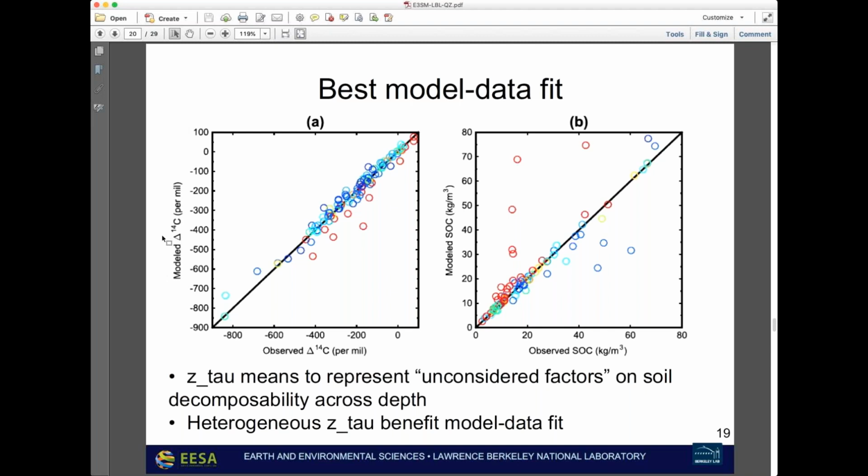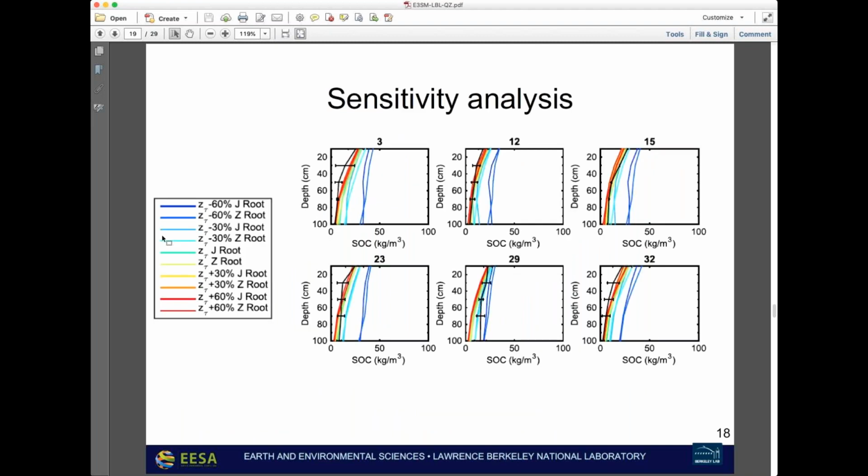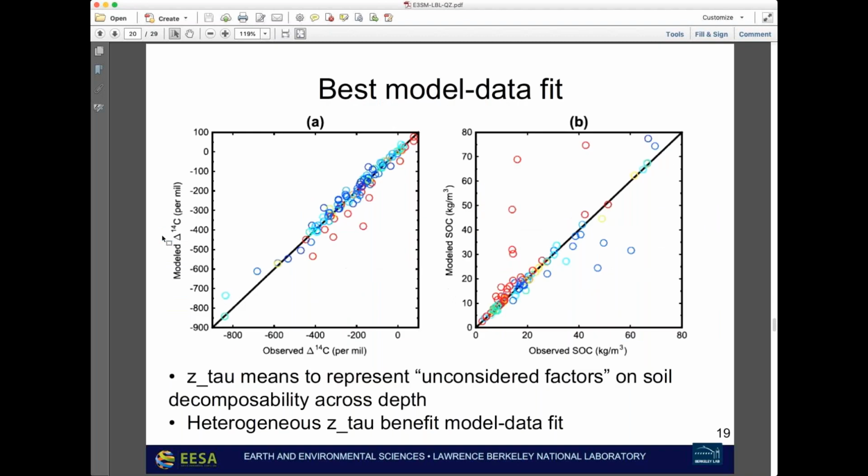So here is just a test of the idea: if we use a variable Z-tau across depths, how much benefit can we get? Combining these sensitivity analyses, for different depths we can freely pick the best Z-tau and the best estimate for 12C and 14C together, and see how much model-data fit we can get. And it turned out it's very powerful.